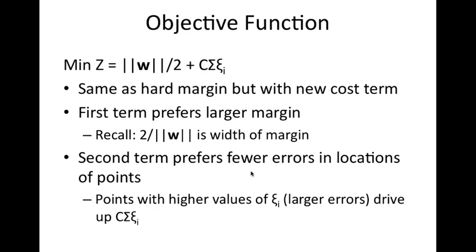The second term prefers fewer errors in where the points are located. So if you have points with higher ξ, which means larger and larger errors, this value is going to go up higher and higher. So if you minimize that, that means you have fewer and fewer errors.